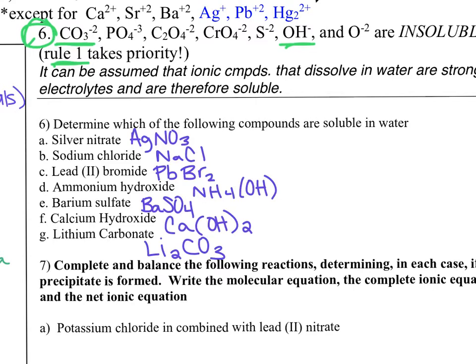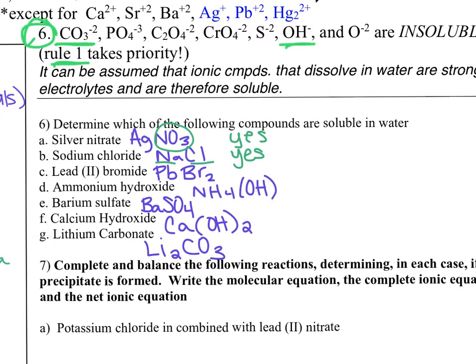All right, let's talk about whether they're soluble. Silver nitrate: soluble or not? It is soluble, so I'll put yes, because it has the nitrate. NaCl: yes, because it has group 1 and group 17.